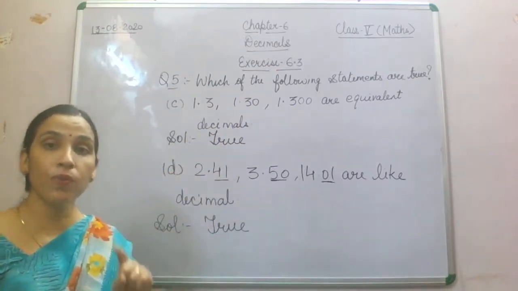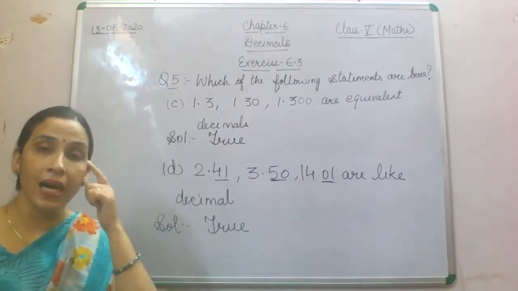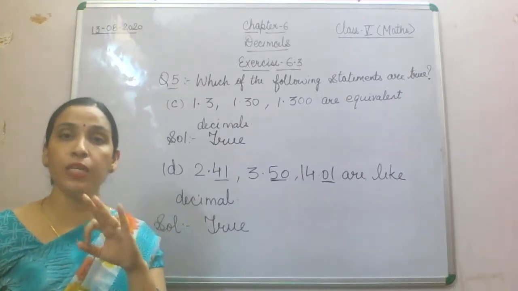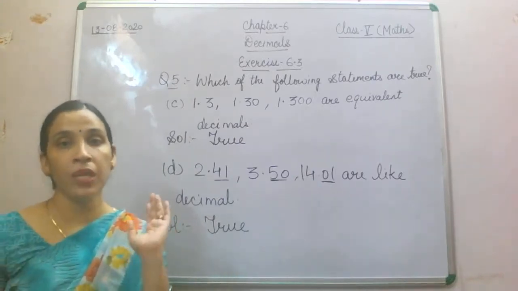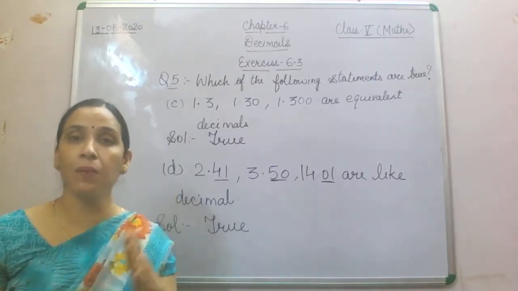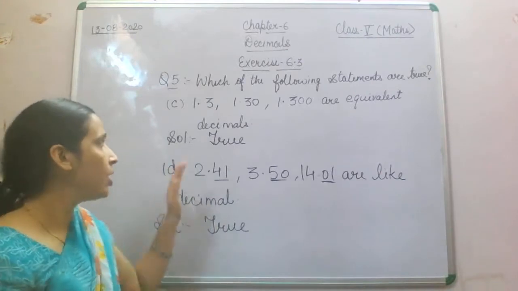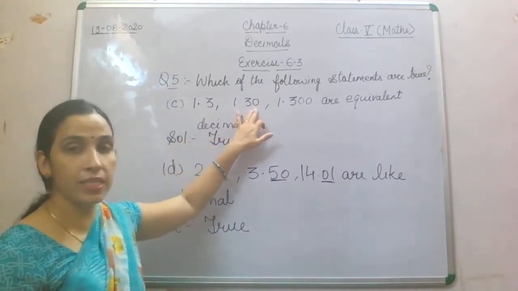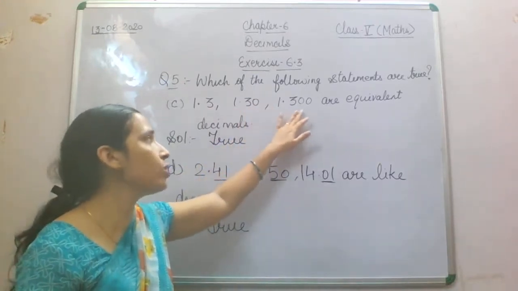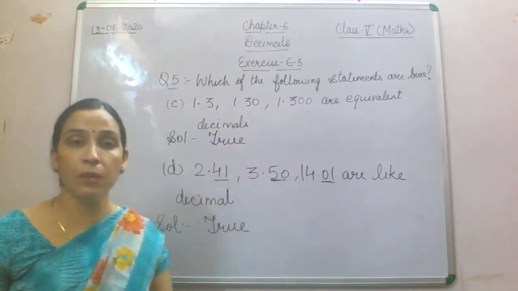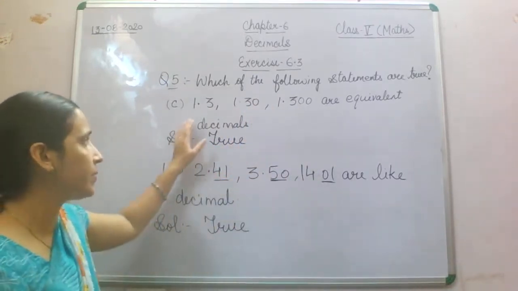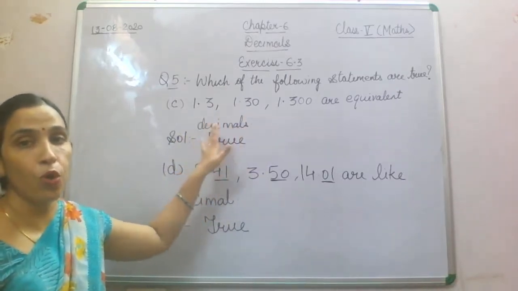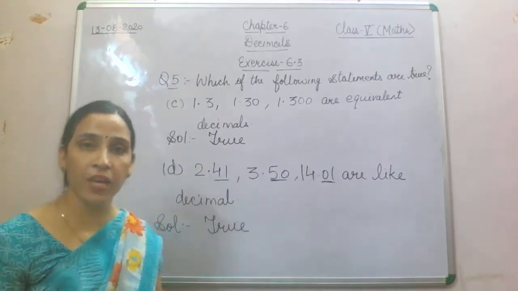Because equivalent decimals means that if we remove the zeros, or reduce it to the lowest term, you will get the same number in all the decimal numbers. So here we are getting 1.3. If we remove these zeros, we will get 1.3 in all of these. So yes, true, these are all equivalent decimals.